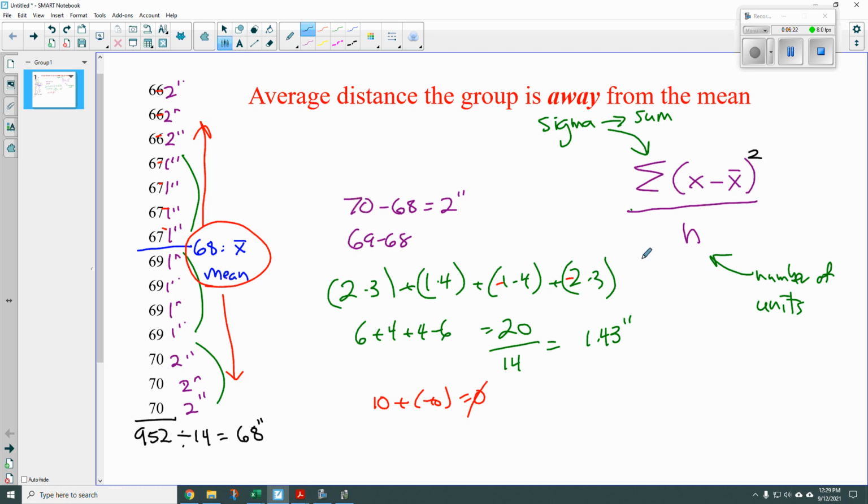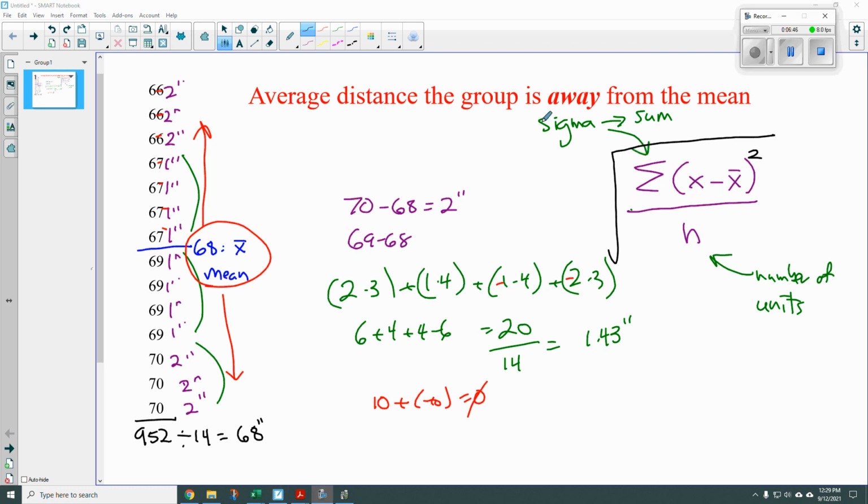And then we add them all up, but since we've squared it and kind of artificially magnified the differences between each data point, we take the square root of this whole thing to try and bring it back down to a regular number, not a squared number.